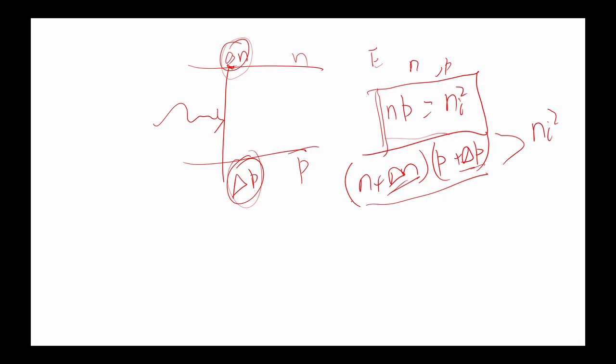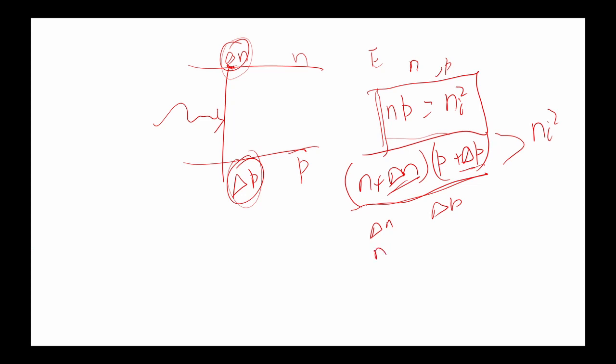So if there are more electrons and more holes, they will try to recombine. In another case, somehow delta n and delta p, more and more electrons and holes, are already recombined.